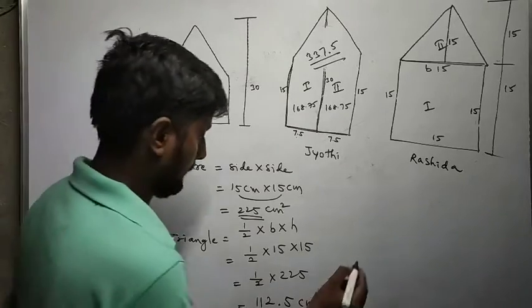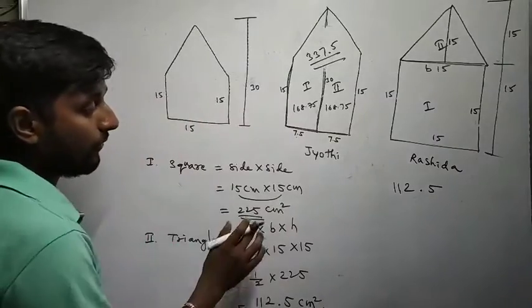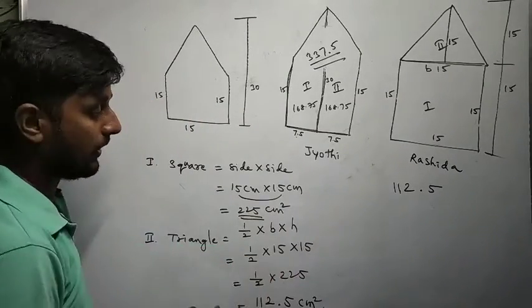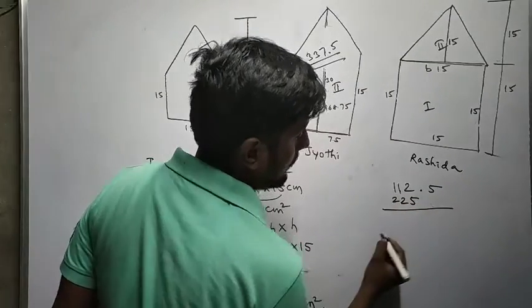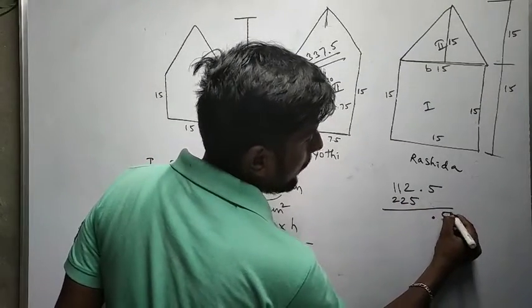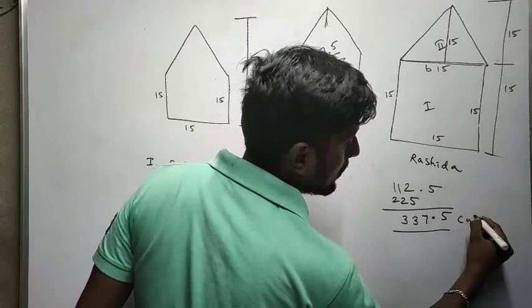Just add both. 225 plus 112.5. If we have decimals, we'll write with the decimal. So this one will be 5, 2, 2. If I start adding: 5, 7, 3, 3 centimeter square.